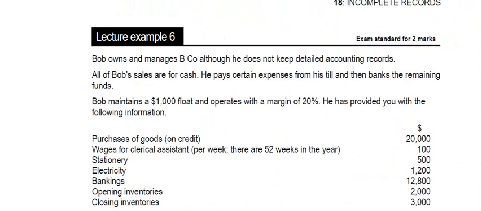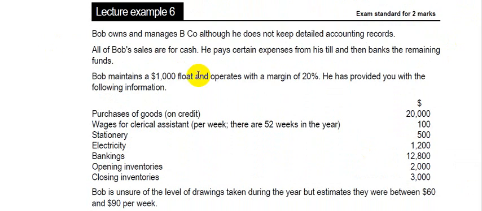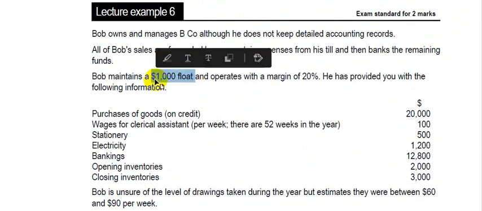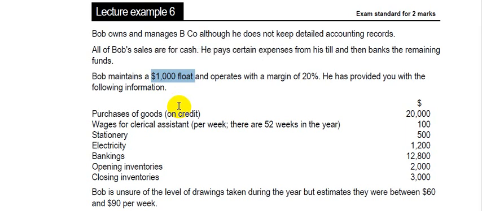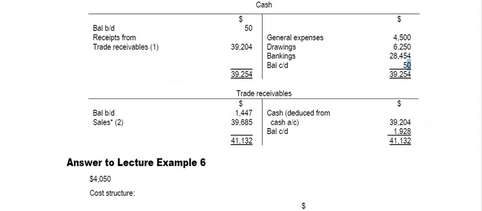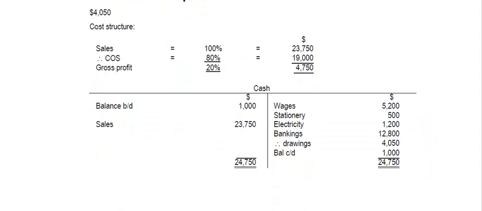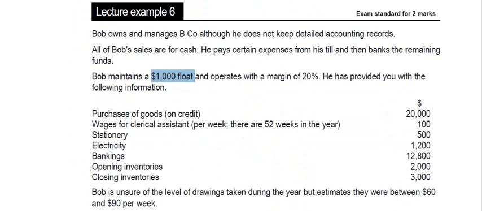Again, we've got a float account. We said when you've got a float account with whatever float you're given, that means that the opening float will be 1,000, the closing float, which will be a combination of cash and vouchers, should be 1,000. We're working on a cost structure of a 20% margin.